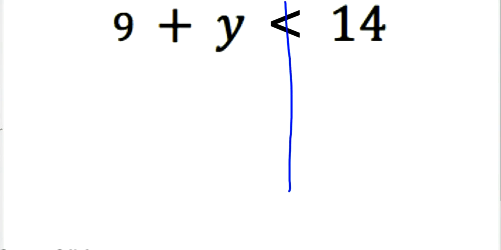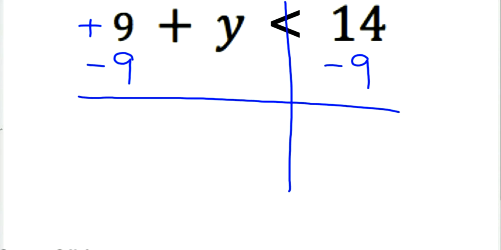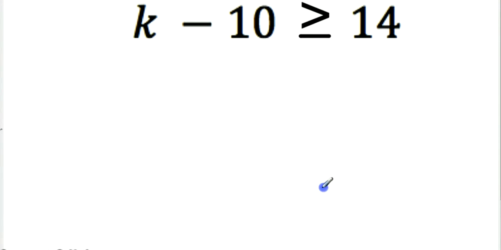Drawing my vertical line, the opposite of positive 9 is negative 9 or subtract 9. So my 9s are going to cancel on the left. I'm left with Y, bringing down my less than symbol. And 14 fighting negative 9 is a positive 5. Drawing a vertical line through my inequality symbol.